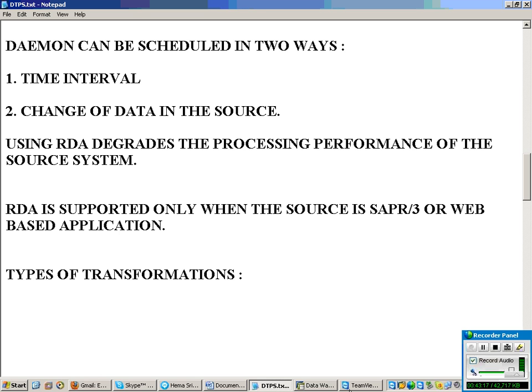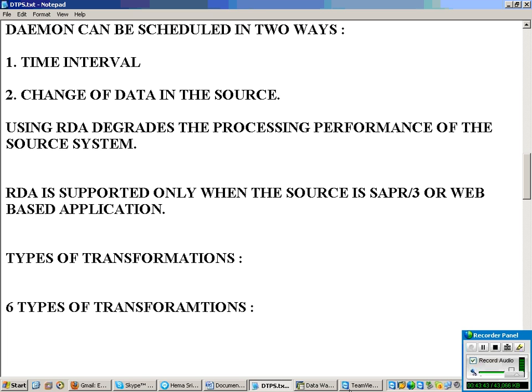In 3.5 you have a concept called transfer rules, I said. So how many transfer rules are there? 4, right? Info object, direct assignment, constant, routine and formula. The same options are here also. So out of 6, 4 are the same as the transfer rules options.